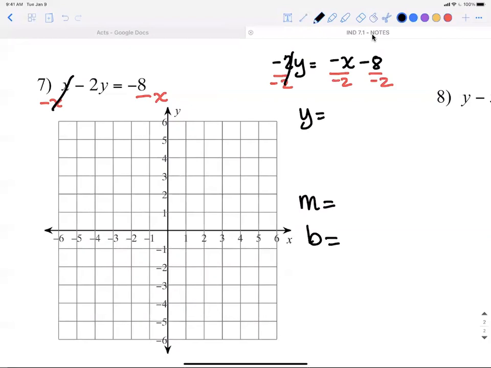What number is really in front of that x, Lainey? It's really a 1, right? It's really -1 over -2. And a -1 over a -2 would give you a positive 1/2. And then the x, and then -8 divided by -2 is a positive 4.